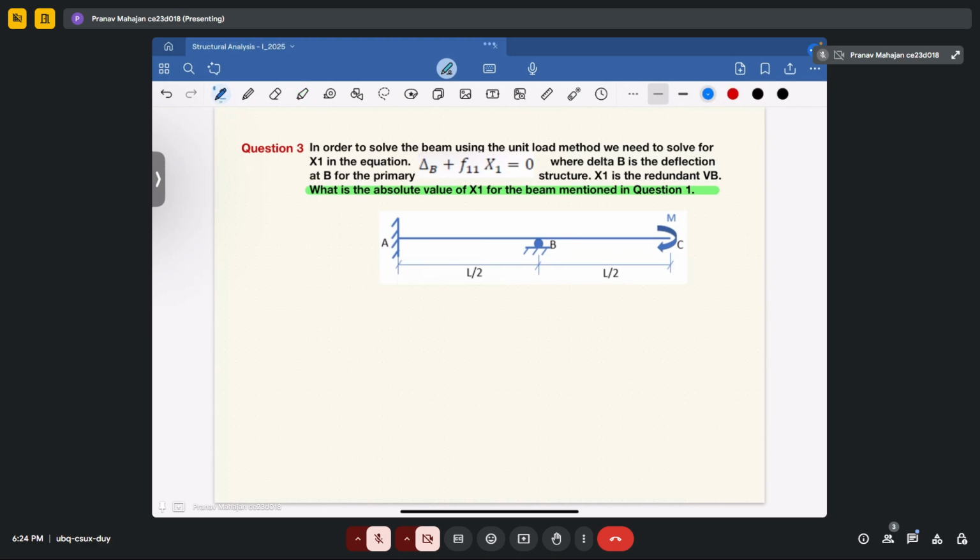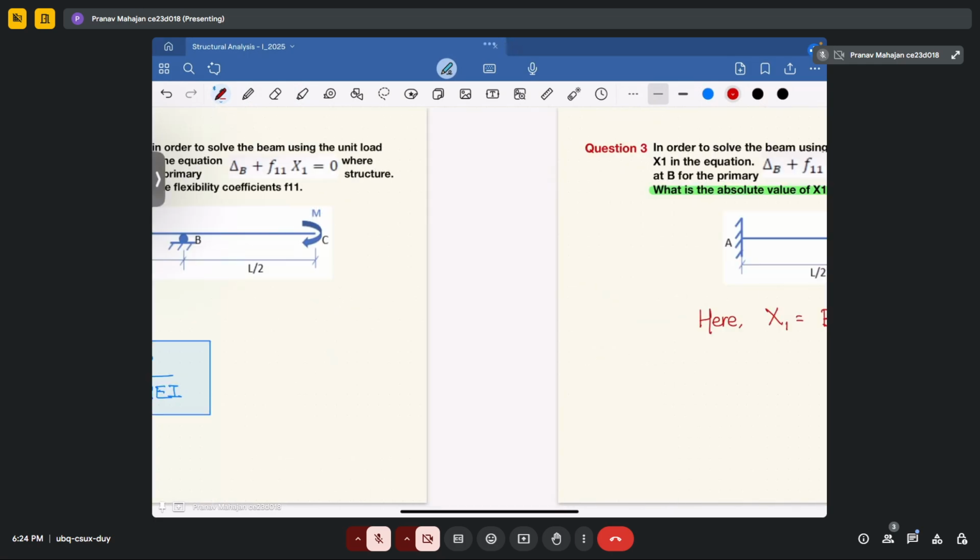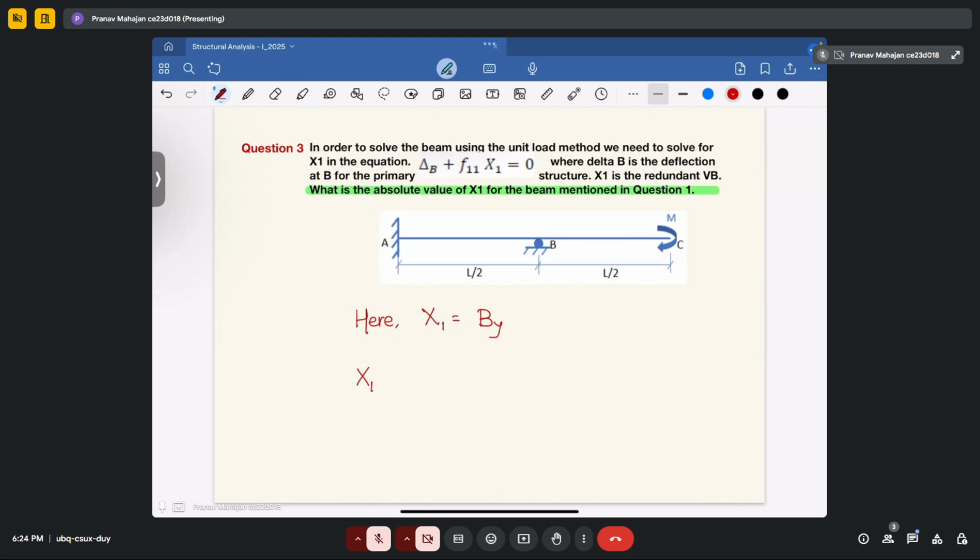As we have seen here, H1 we mentioned to be By, and we have solved for By, and this By will be equal to minus 3M upon L. So your X1 equal to By is equal to minus 3M upon L in the downward direction.